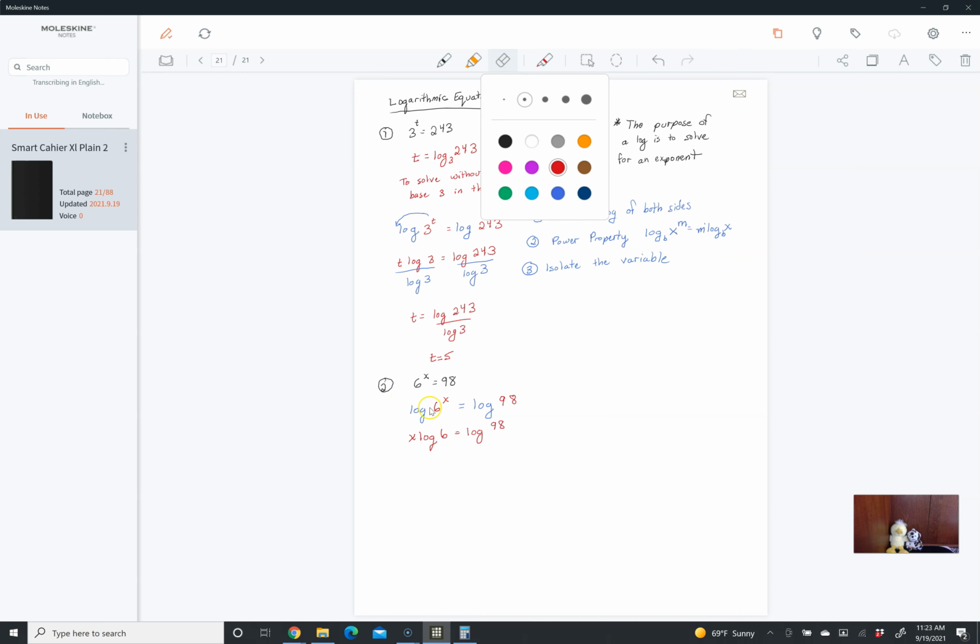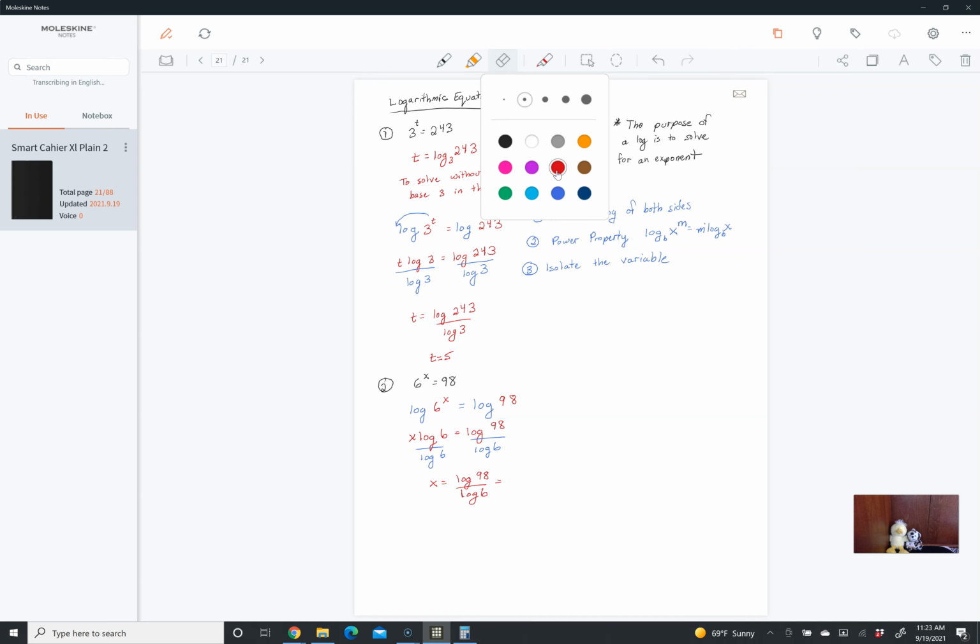Take the log of both sides, use the power property to get the variable out of the exponent, and then isolate that variable. So we can divide both sides by log of 6, which means x equals log of 98 over the log of 6.